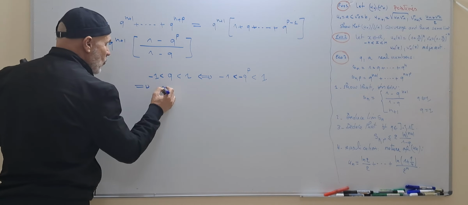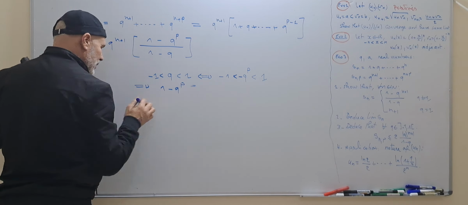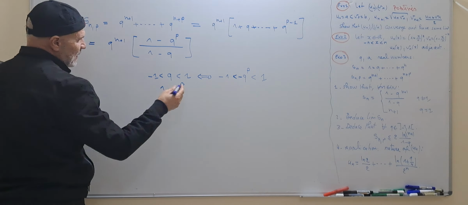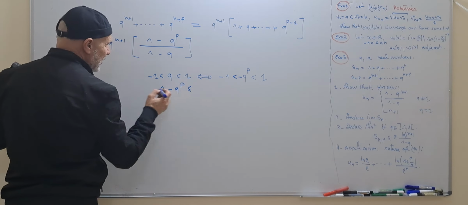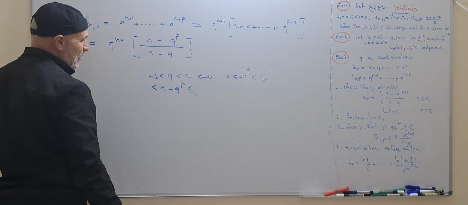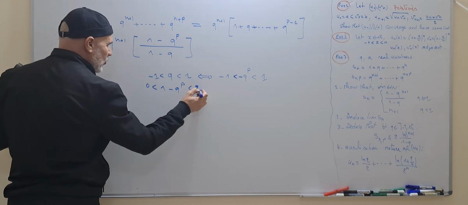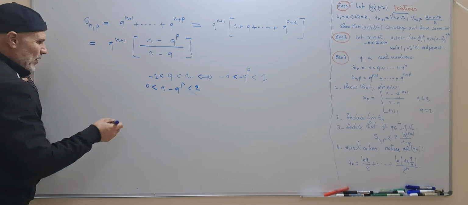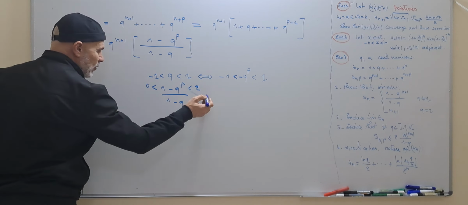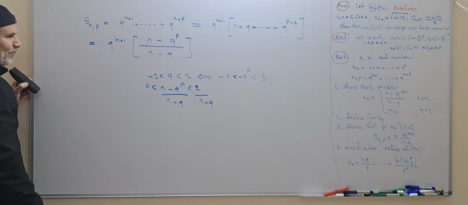Then 1 minus q power p is between 0 and 2. If we divide by 1 minus q, this will be positive because this one is positive.